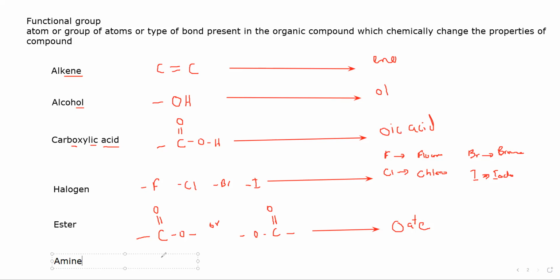Amine means when an NH2 group is attached with a carbon, we call that amine, and the name should have amine as well. I will give an example of each functional group so you can understand. There are many functional groups, but you're not learning all of them. You should learn these 6 functional groups and how to name the compound from them.